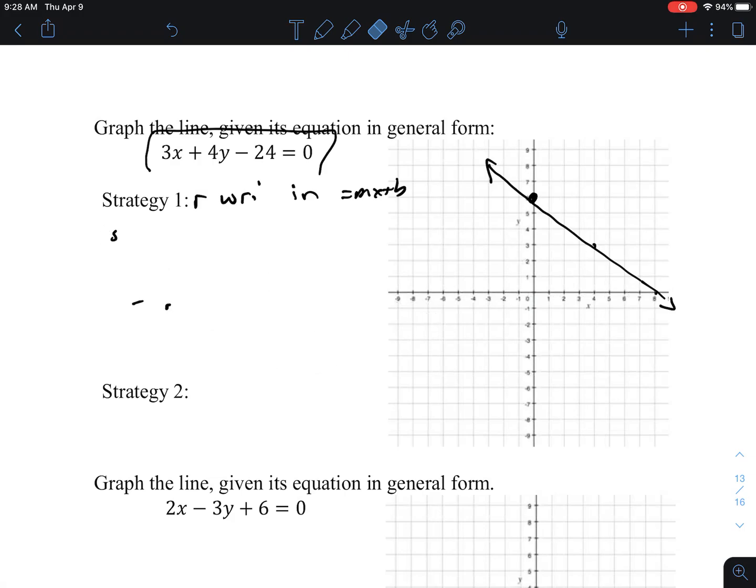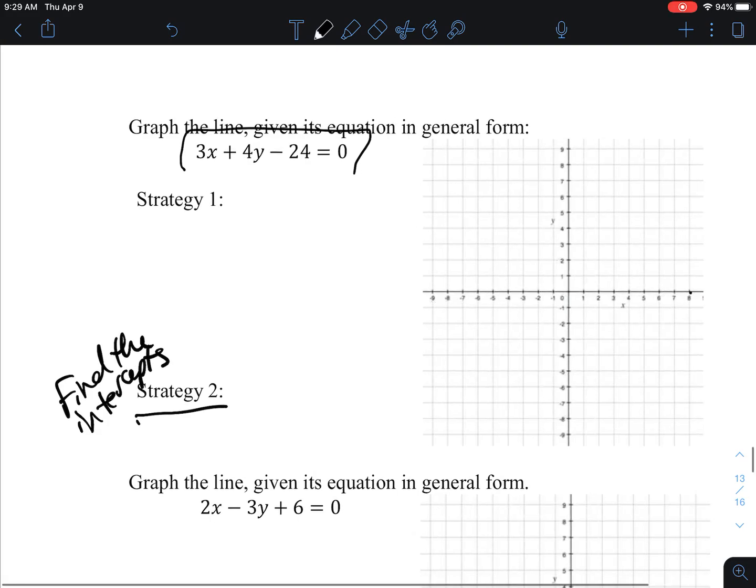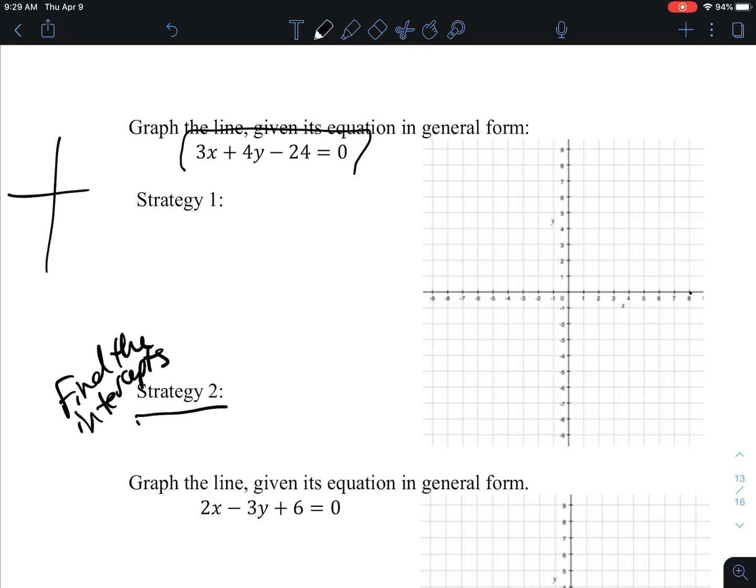Strategy 2. Let's get some space here to show you that one. All right. Get rid of our line. There we go. Strategy 2 is to find the intercepts. So remember, on any linear function, if I just draw a line, there it is.